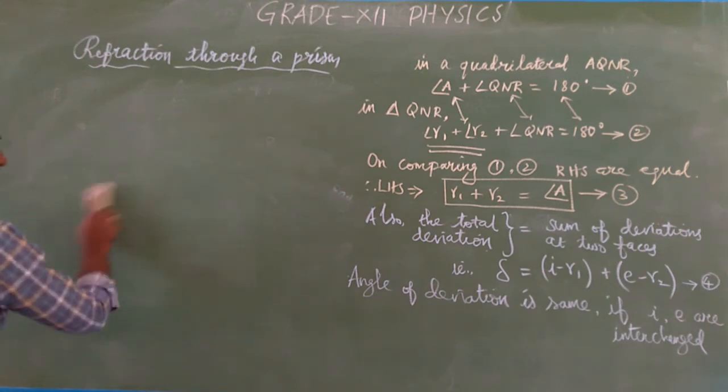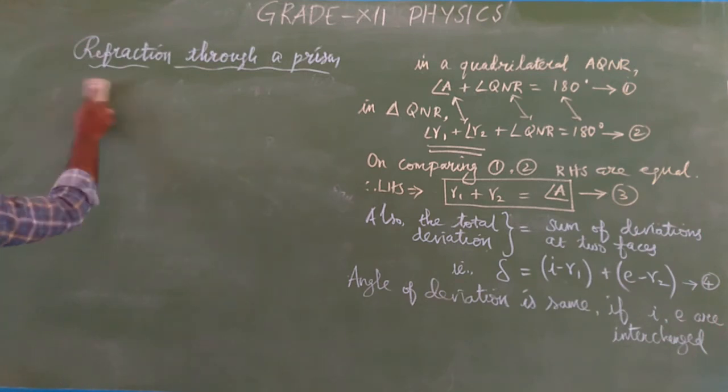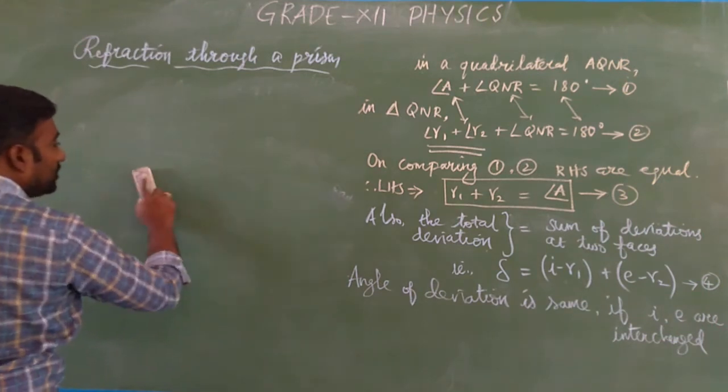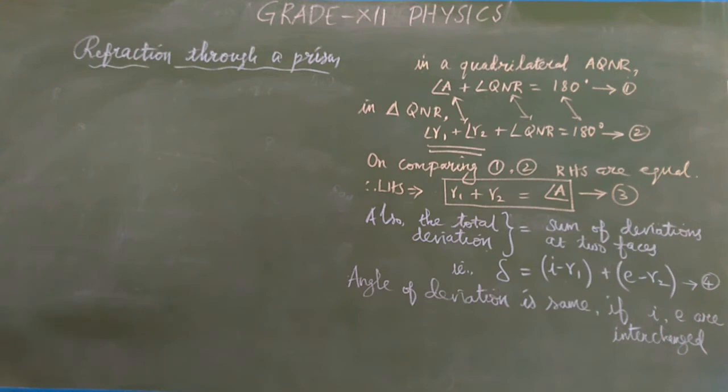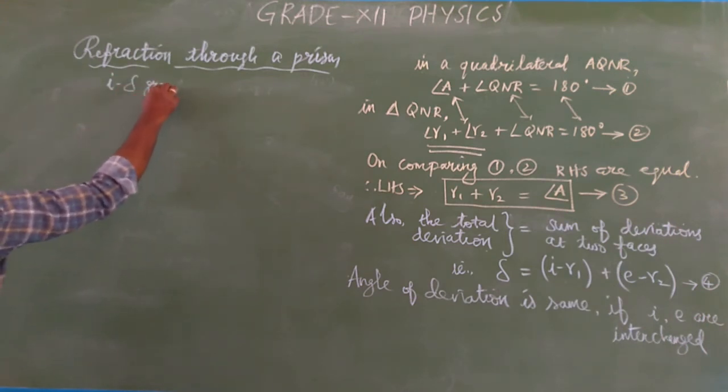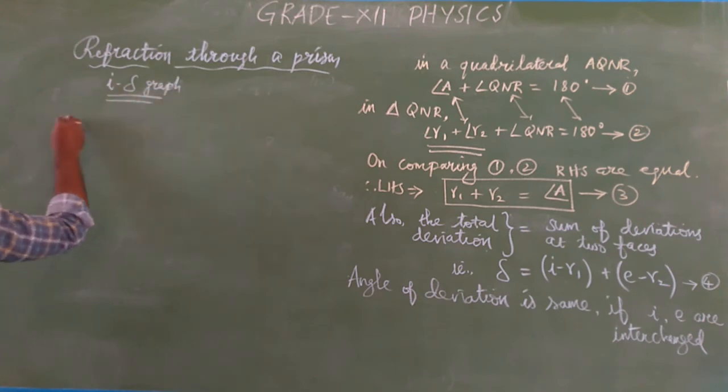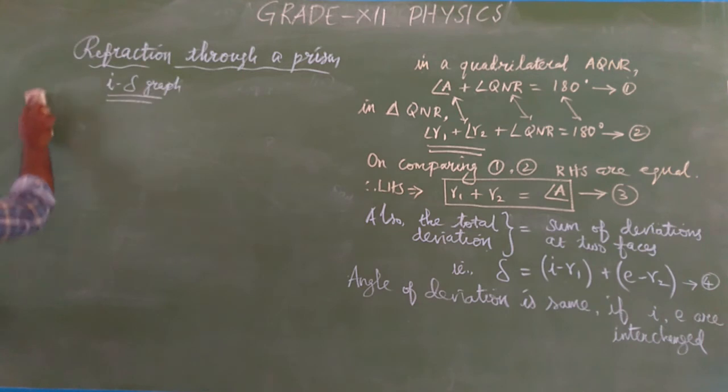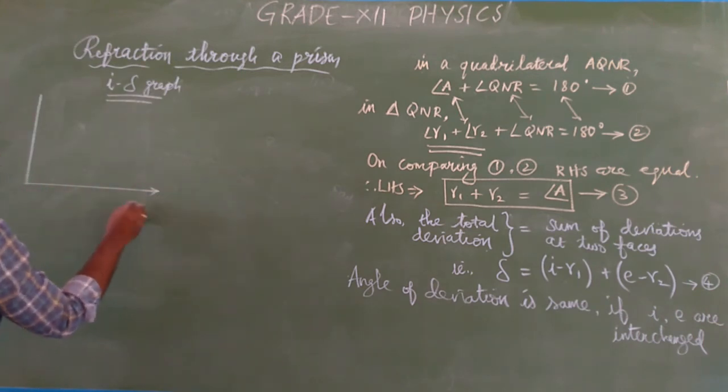For the minimum deviation case, you are going to plot the i-delta graph, between the angle of deviation and the angle of incidence.